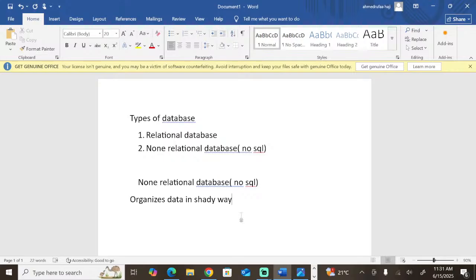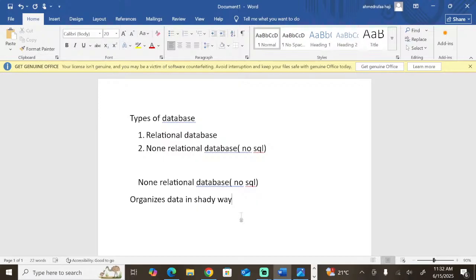What I meant by non-relational database is that the information is not stored in a table-like manner, so it varies. Some of it will be stored in a graph-like manner, maybe even something that looks like pie charts. There's a small difference.